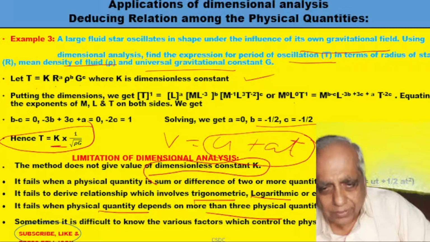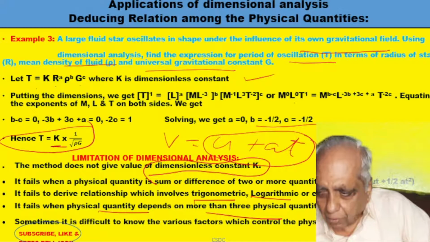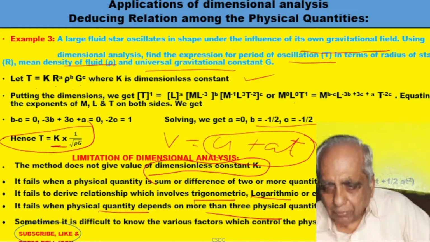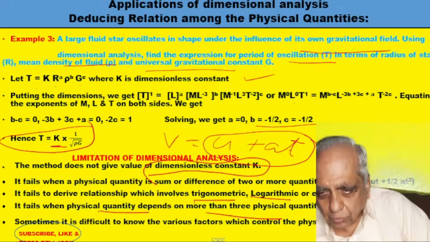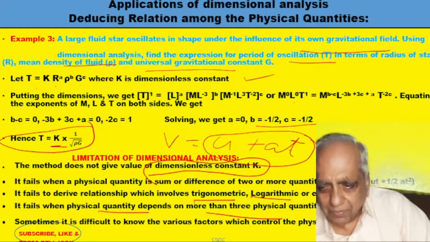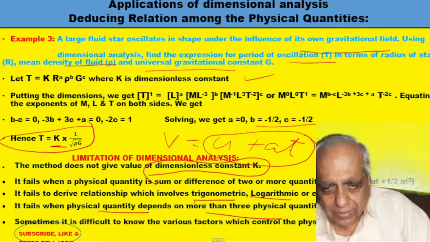So these are the limitations of this method. Otherwise, definitely this method is quite helpful in verification, after they have found the equation, to confirm that it is right. It will only tell that it is dimensionally right. Is it all right? So this completes this topic of dimensional analysis.